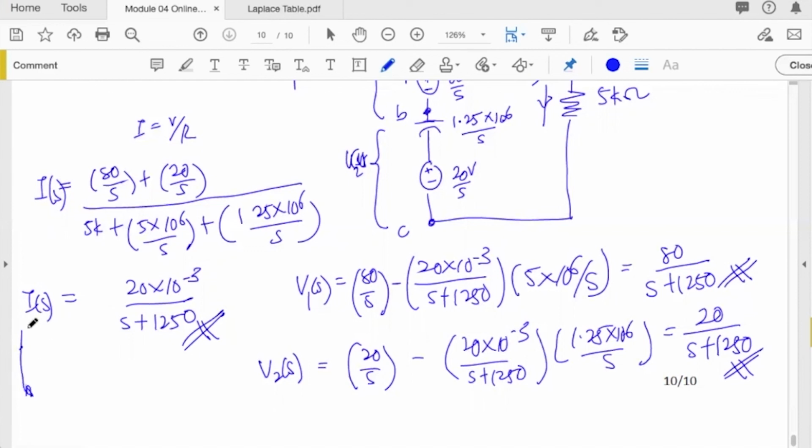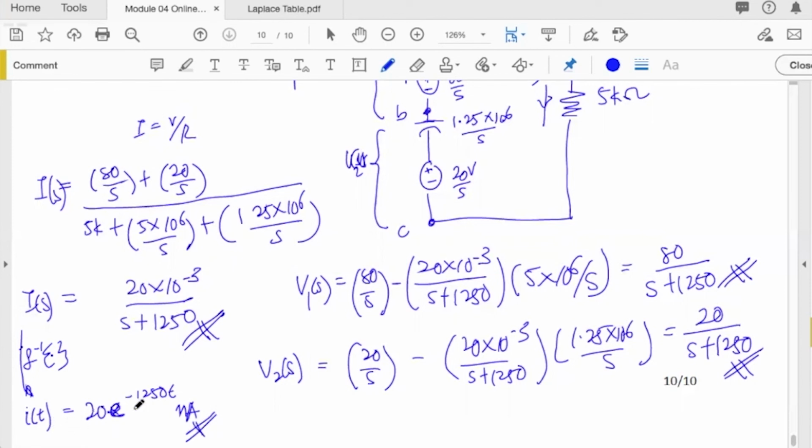If you apply the inverse Laplace transform, this gives you i(t) equal to 20 exponent of negative 1250t milliampere.